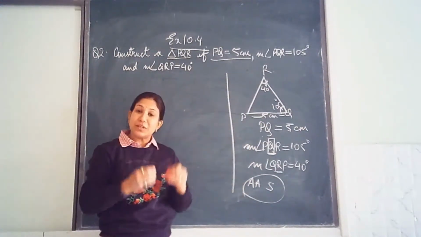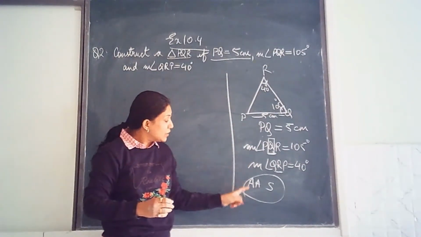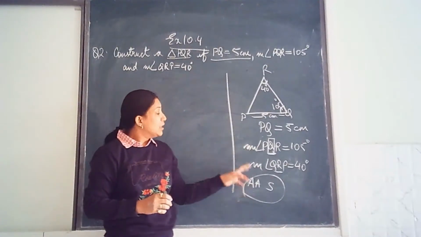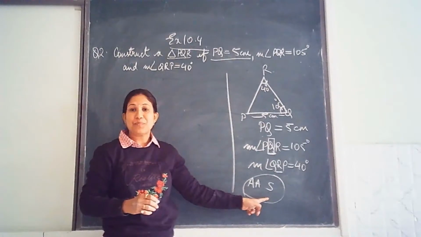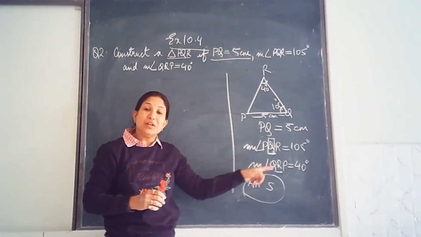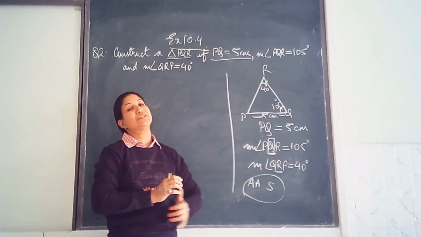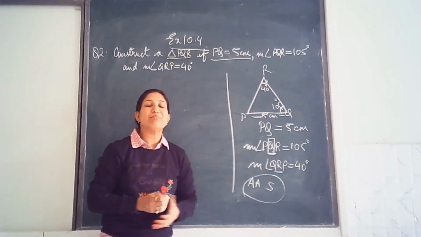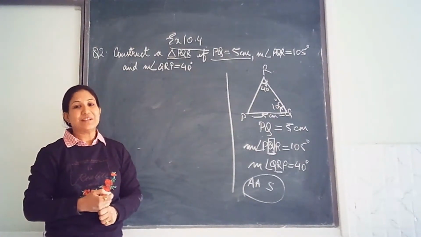But while constructing also, we need to follow the congruence criteria. This is why, even though two angles and a side are given, the side is not included between the two angles. So we cannot construct this triangle. Again, mathematics is filled with tricks and gaps.